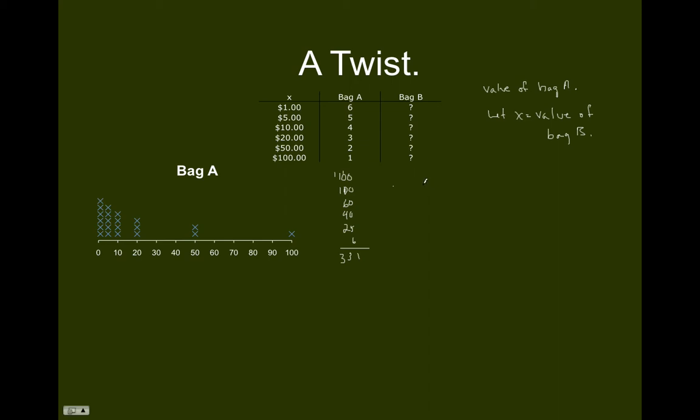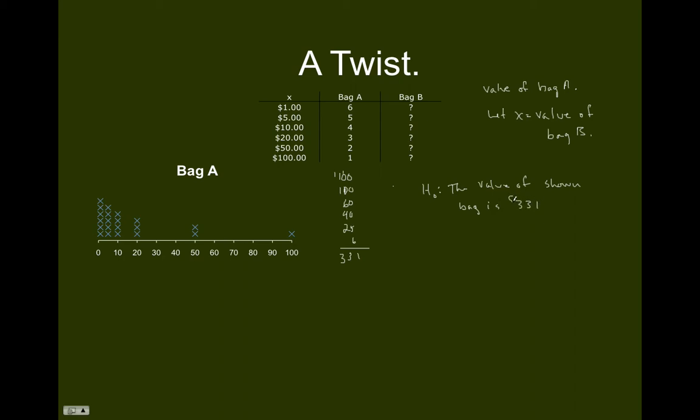So when I create the null and alternative hypothesis, one way to think about it is the value of the shown bag is $331.